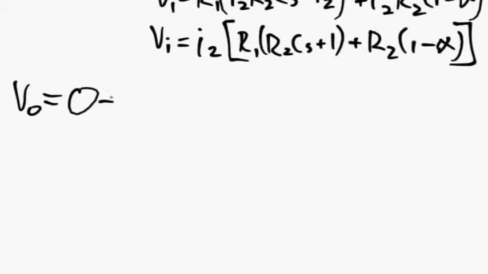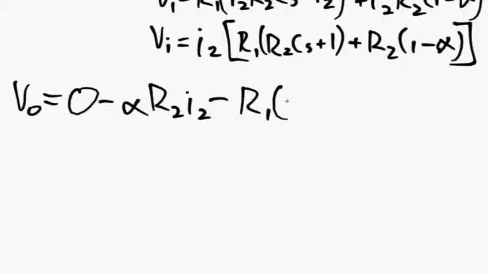So everything's going to be flipped negative. Alpha R2 times I2, minus that same R1 times I1 plus I2.